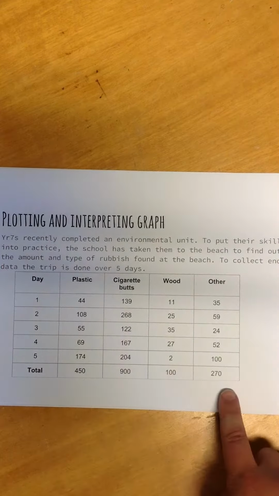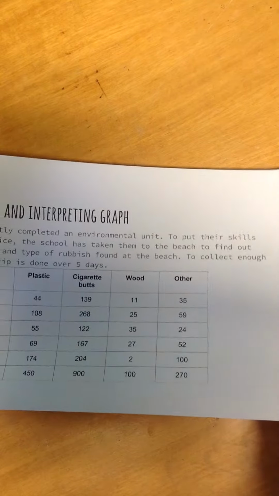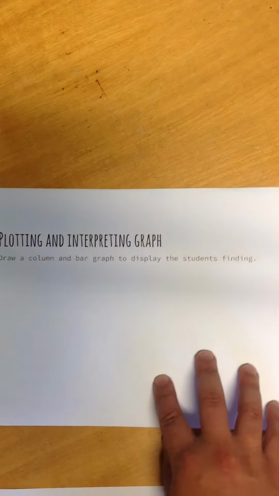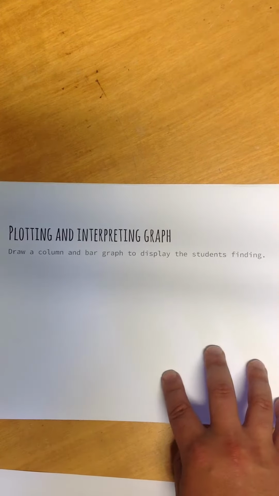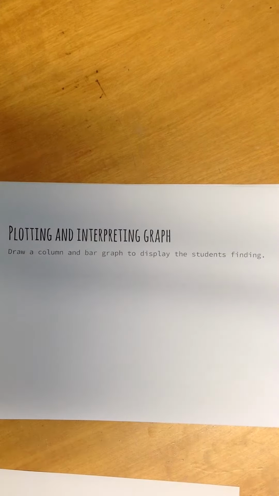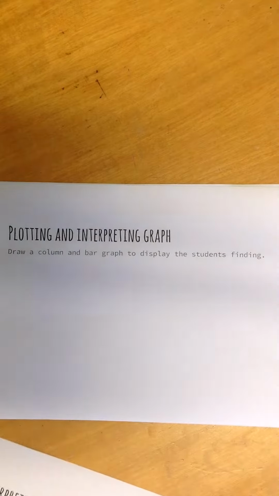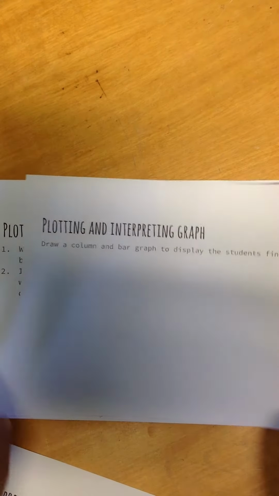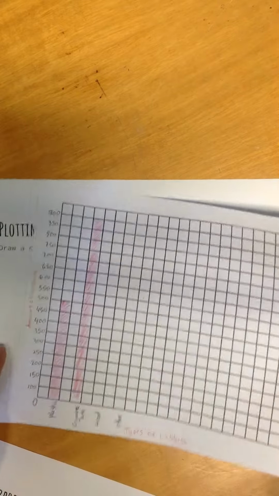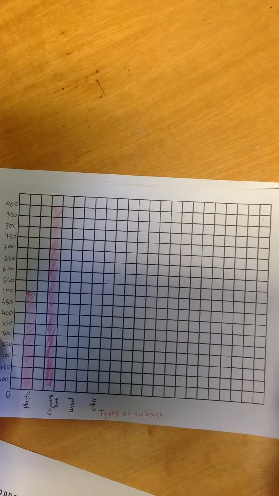And here we have our totals. Draw a column and bar graph to display the students' findings. So I've cheated a little bit here. I started already, otherwise it takes forever.